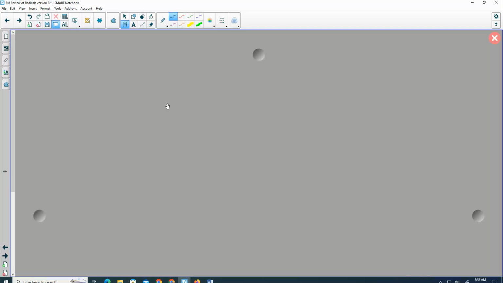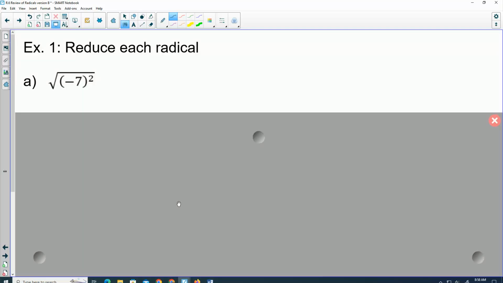Let's practice reducing radicals. We're used to just thinking a square root and a square kind of cancel each other. So if I see this one, it's really tempting to just say, oh, square root and square cancel, my answer is -7. But if I actually worked it out, what is -7 to the 2nd power?